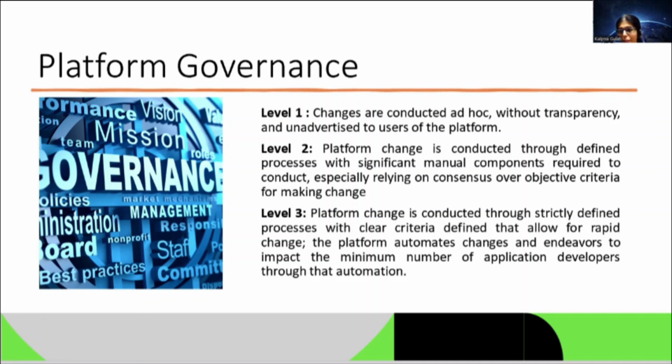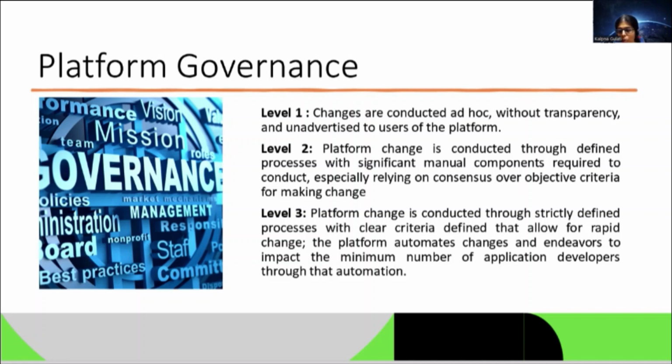A far-sighted approach or the ideal approach would be that even this change is automated, right? So the moment there is a change, this is a defined process, right? There is a clear criteria. Okay, fine. Five high criticals being addressed in this, or a single CVE which is highly critical. This meets my criteria of an automatic change to the platform.